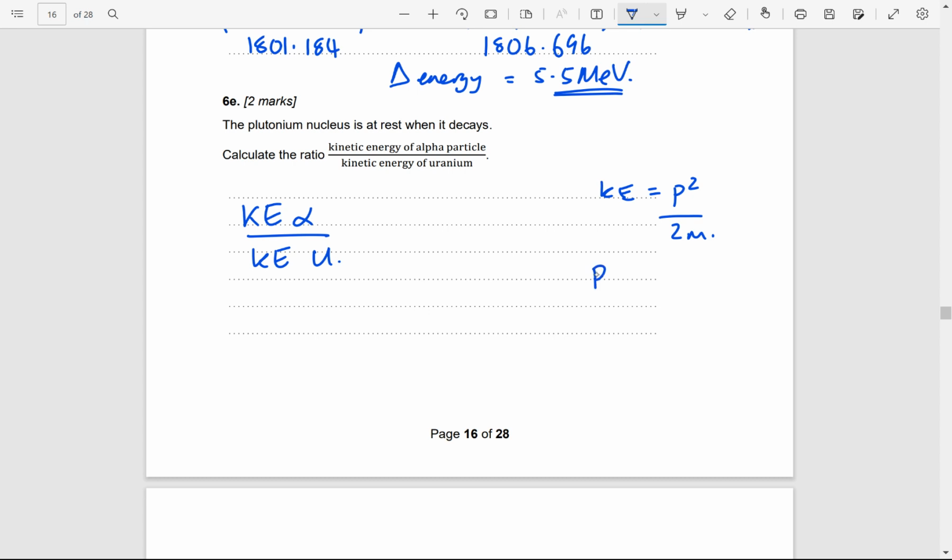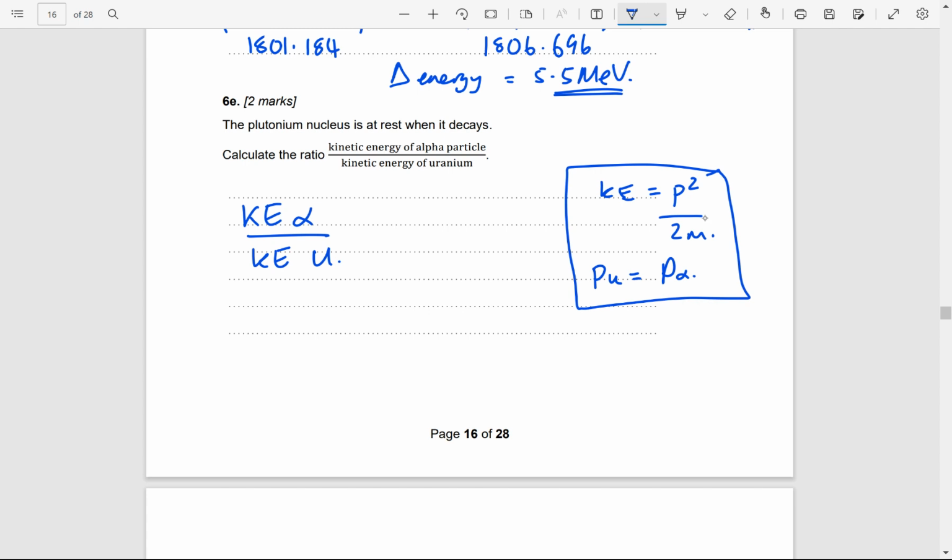So I'm just going to write that: momentum of uranium equals the momentum of the alpha particle. I'm just going to box that off.